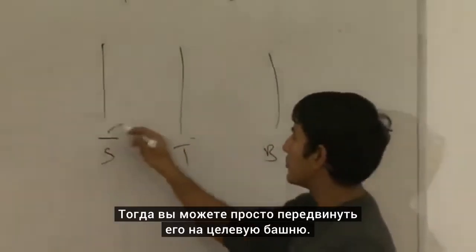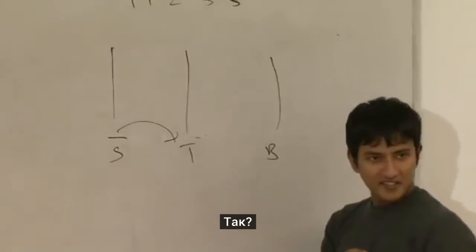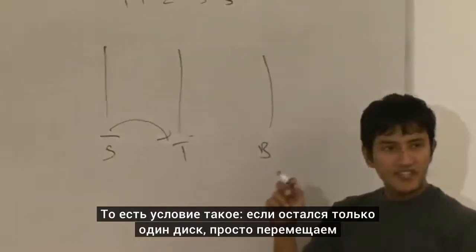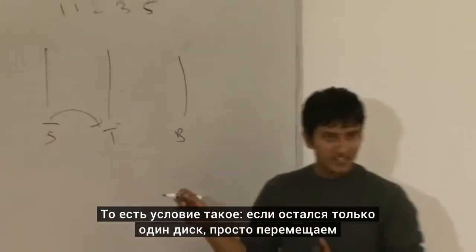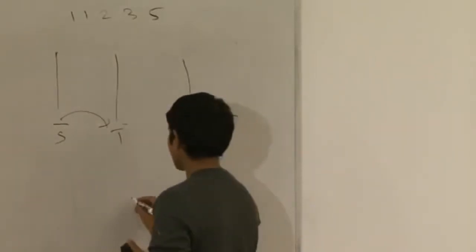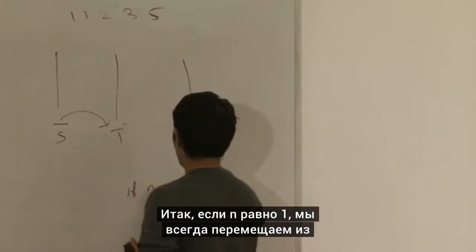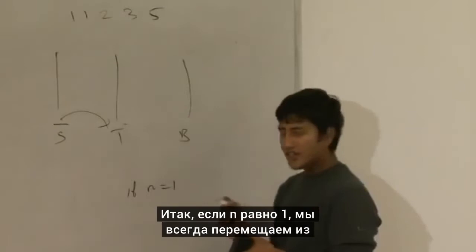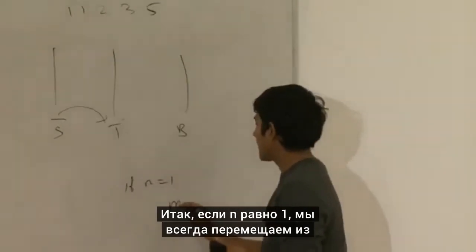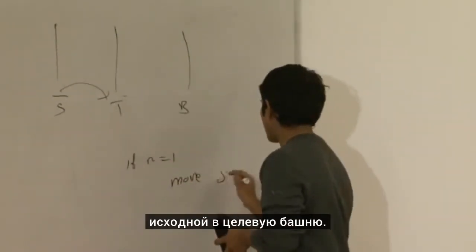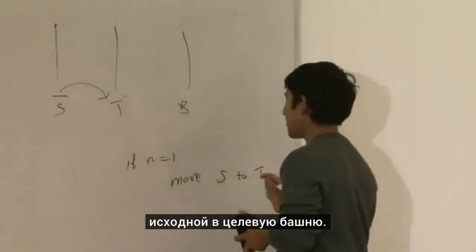Then you can simply move it to target. Okay? So our condition is if there's only one disk, just move it to the target. So if n is equal to 1, we always move source to target.